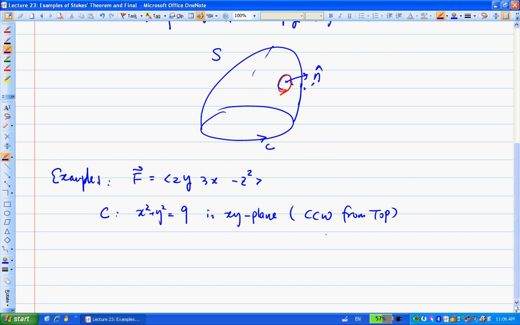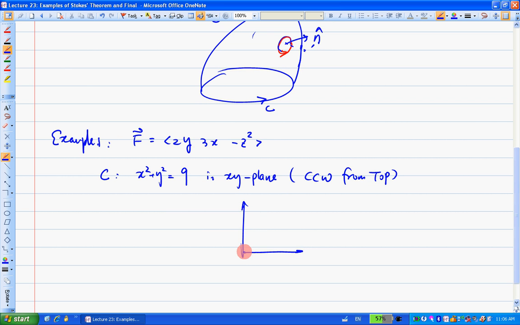Suppose that we orient this curve C counterclockwise, from the top. So here's the curve C, the circle.